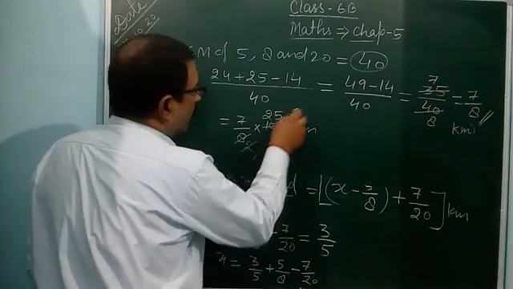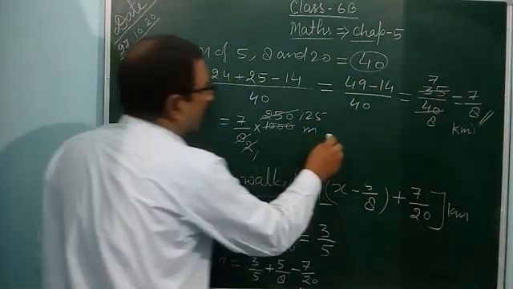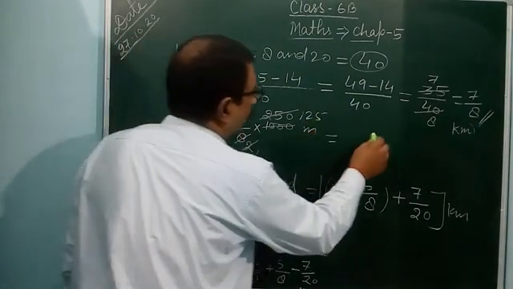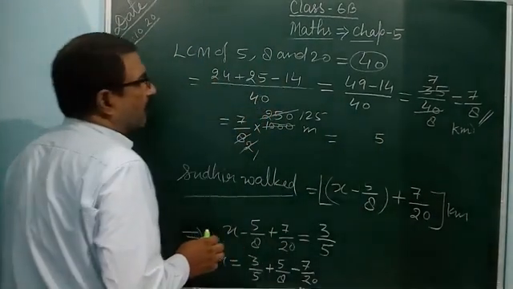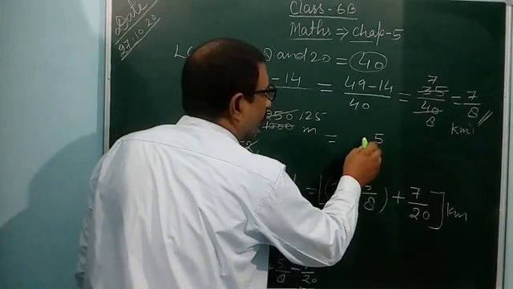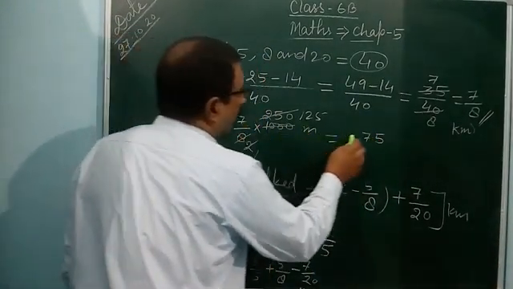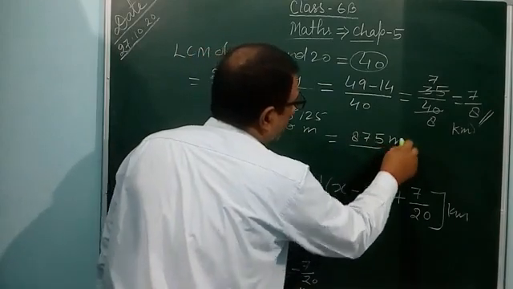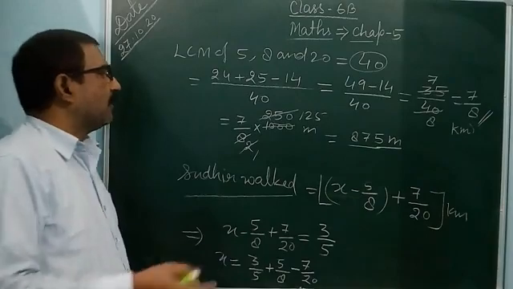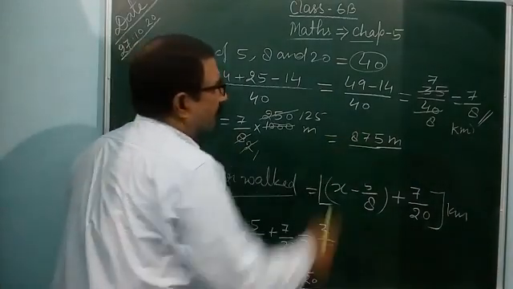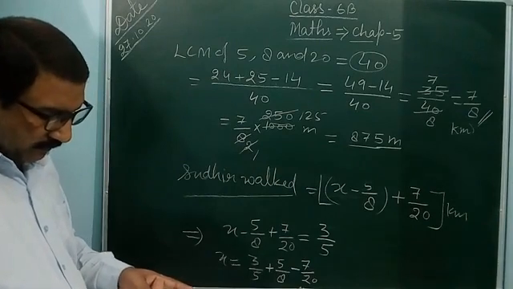After that, 125 times 7: 7 times 5 is 35, 5 here, 3 carry, 7 times 2 is 14, 14 and 3 is 17, 7, 1 carry, 7 times 1 is 7 and 1 is 8, 875 meter. Also you can change 7/8 kilometer into meter like that, 875 meter.